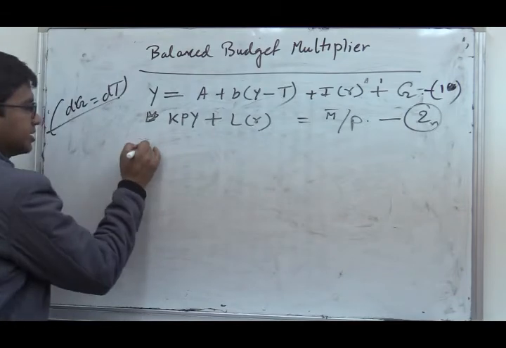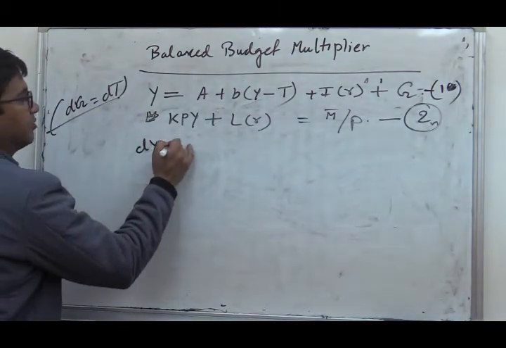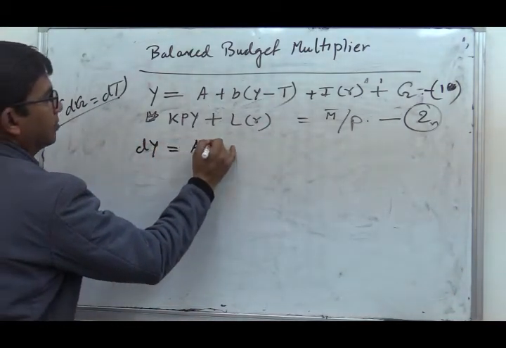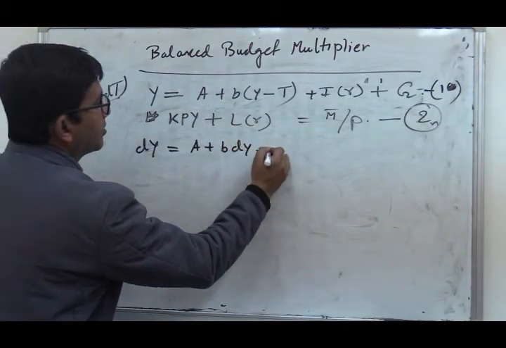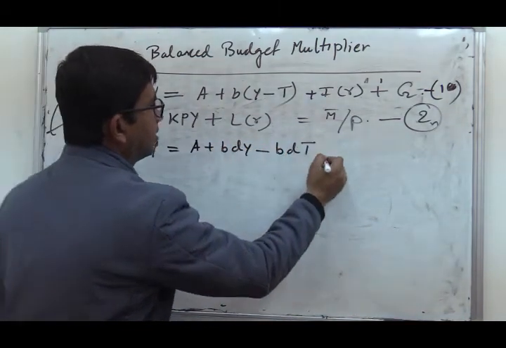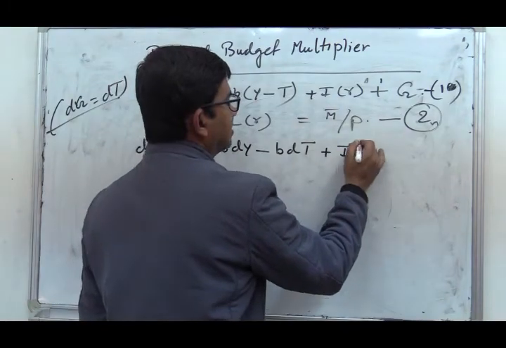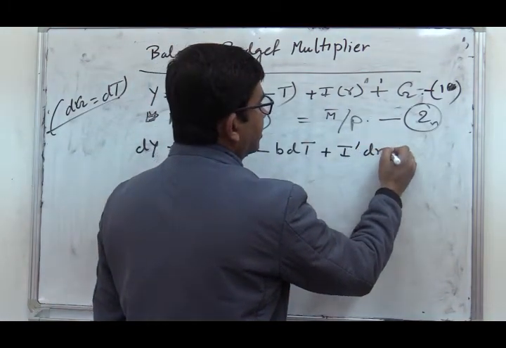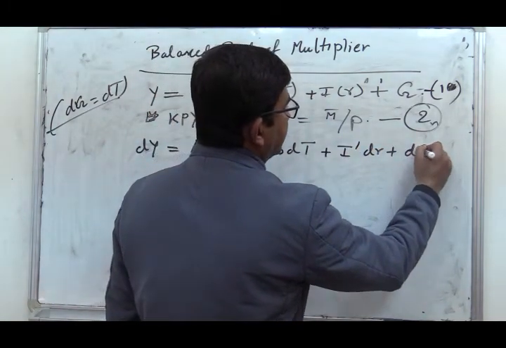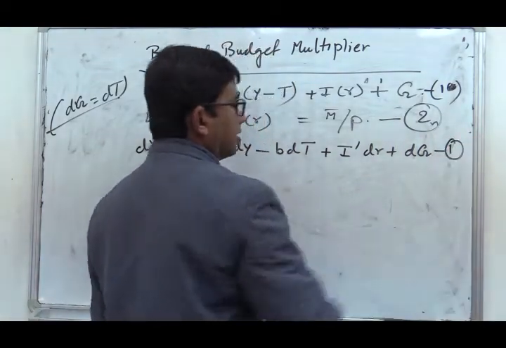If we differentiate equation 1, we get dY equals a plus b into dY minus b into dT plus I dash dr plus dG. This is equation 1.